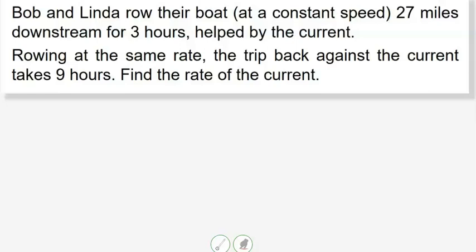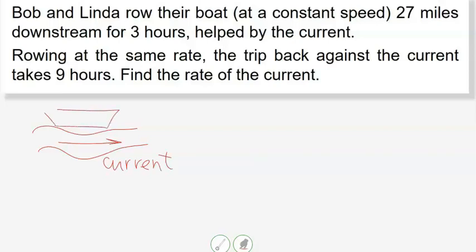So here is our situation. This is a river which moves this direction. So this is the current, moving this direction. And here is our boat which moves the same direction, for 3 hours. Okay, so Ty, can you draw the same picture of them moving back?